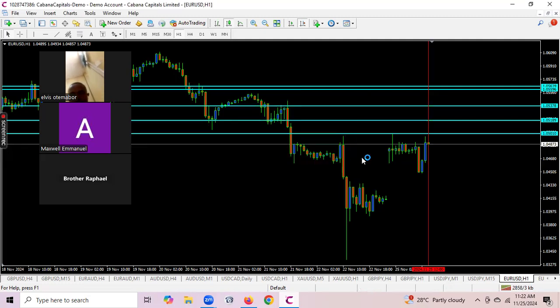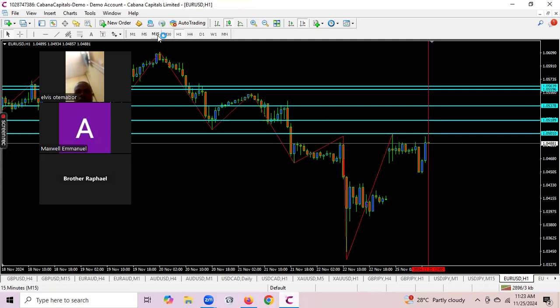But my focus today is on Euro Australian dollar and GBP JPY. Those are the pairs I'm considering trading today.